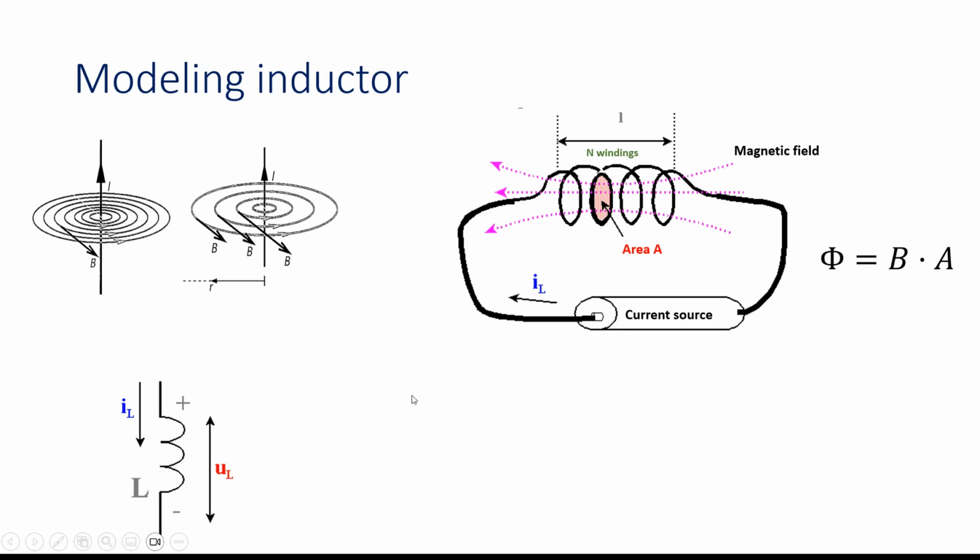And that self-inductance is equal to mu, and mu is the magnetic permeability, times the number of windings squared, so times n squared, times the area A of the coil, divided by the length of the coil, the length over here. And that magnetic permeability, that mu, depends on the material through which the magnetic field lines flow.